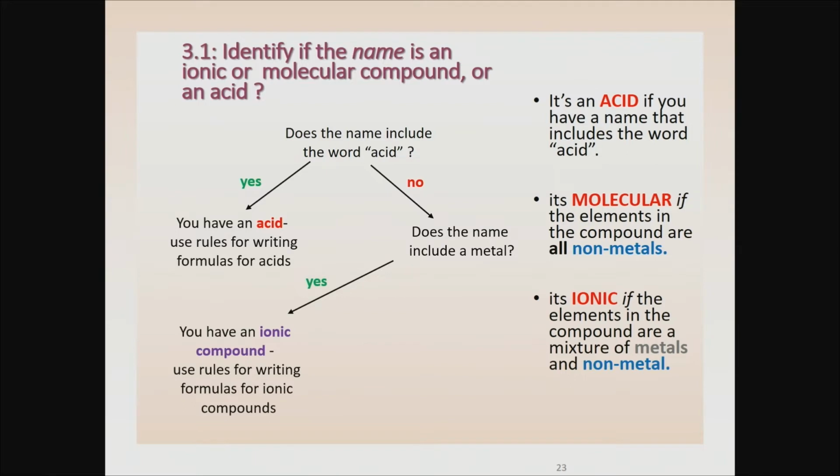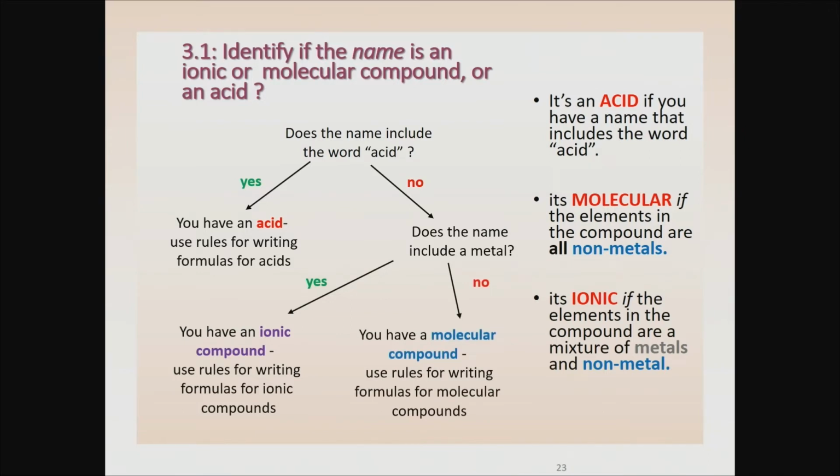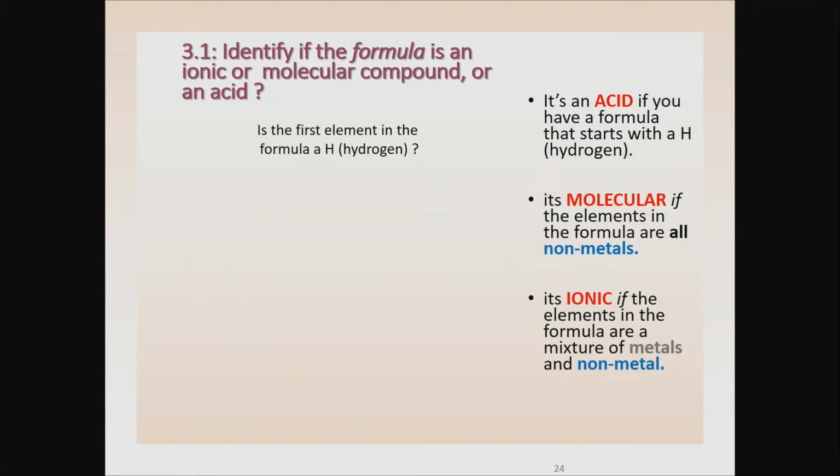Now, let's say you're looking at the name and none of those elements there are metals, they're all nonmetals. If that is the case, then what you have is a molecular compound. And so to write out a formula for a molecular compound, you use the rules that teach you how to do that. Now, another thing that will happen is that maybe instead of taking a name to a formula, you will have to take a formula for a compound and bring it back to a name.